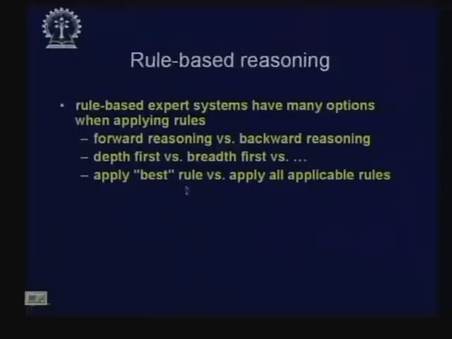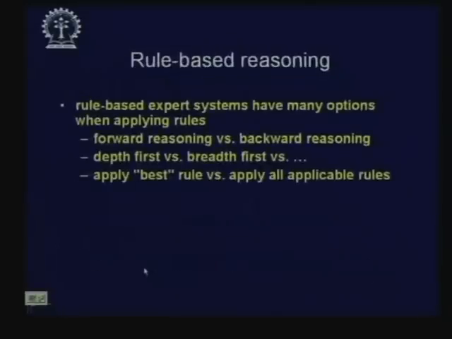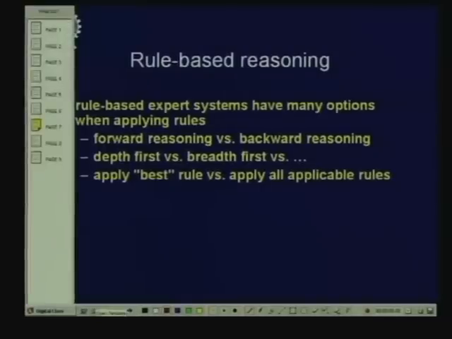Similarly, depth first and breadth first are two different ways in which this can be done. I hope you will recall what a search space is. Let me for a second recapitulate on that.